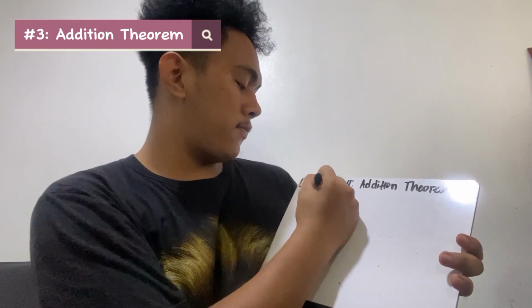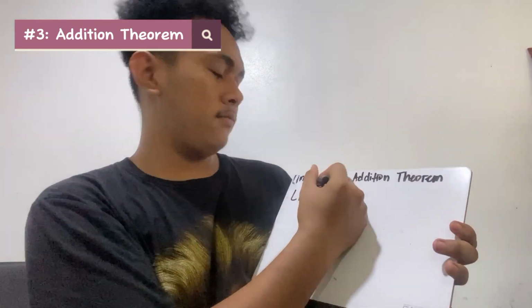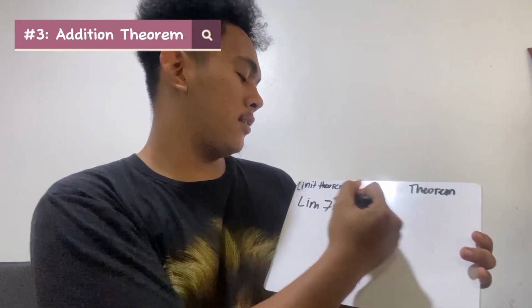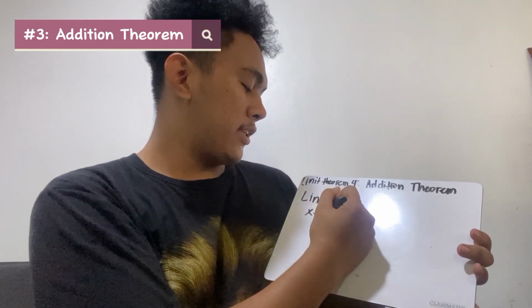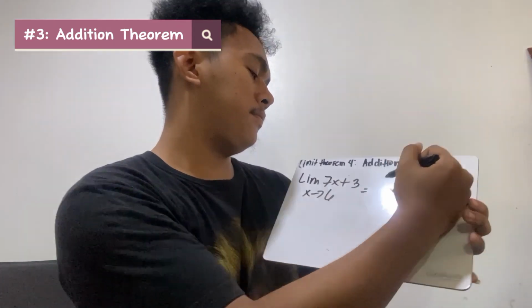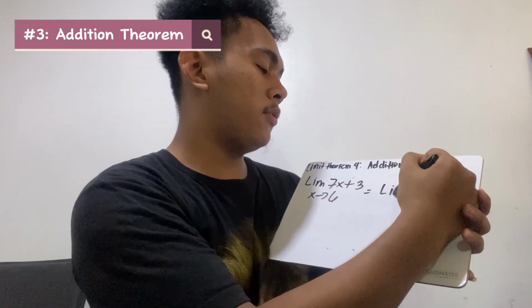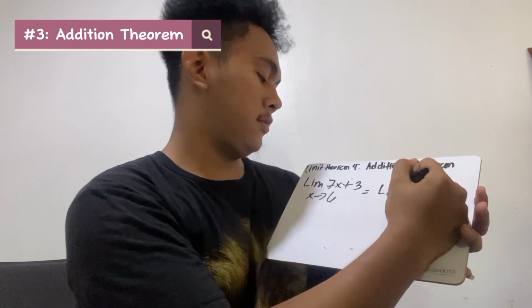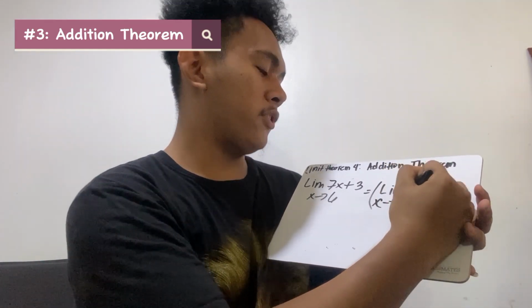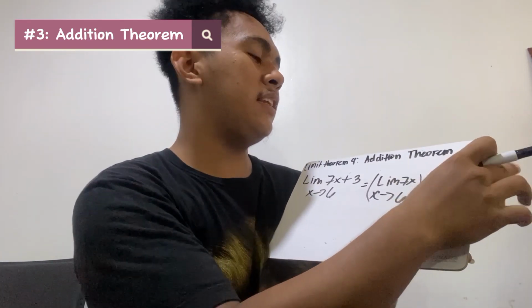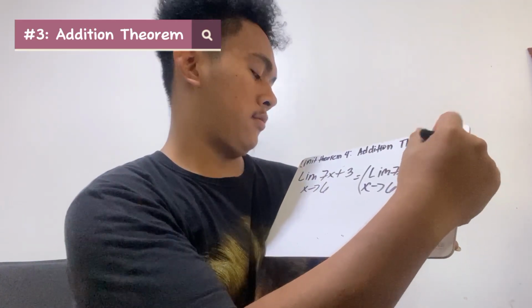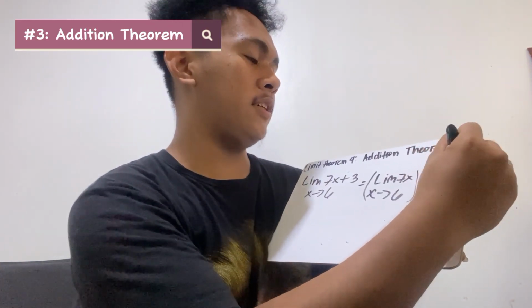Limit of 7x plus 3 as x approaches to 6 is equal to limit of 7x as x approaches to 6 plus limit of 3 as x approaches to 6.